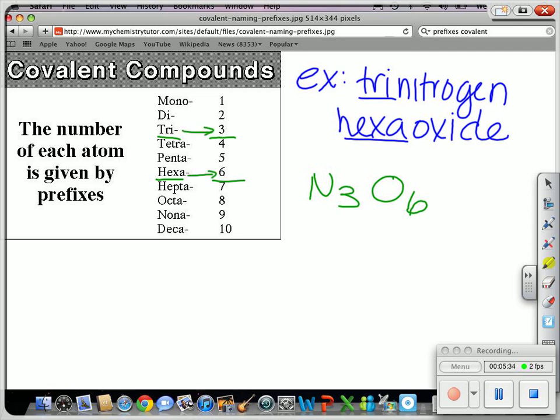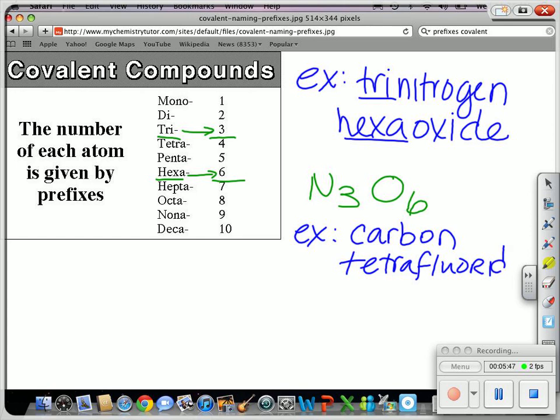Okay? Now let's say, for example, I have carbon tetrafluoride. Okay? Now, from the previous examples of going from formula to name, we know that if this prefix at the very beginning is omitted, that really means that there's only one of them.